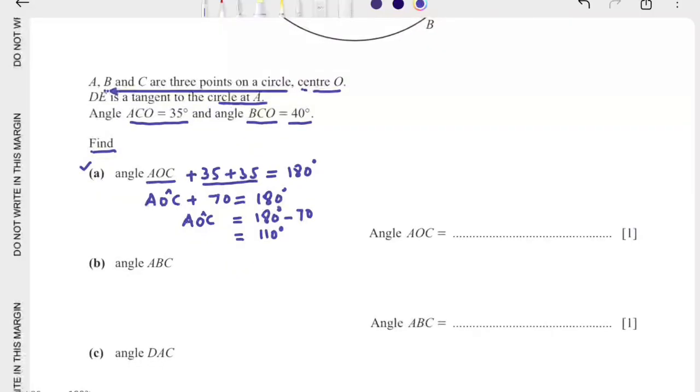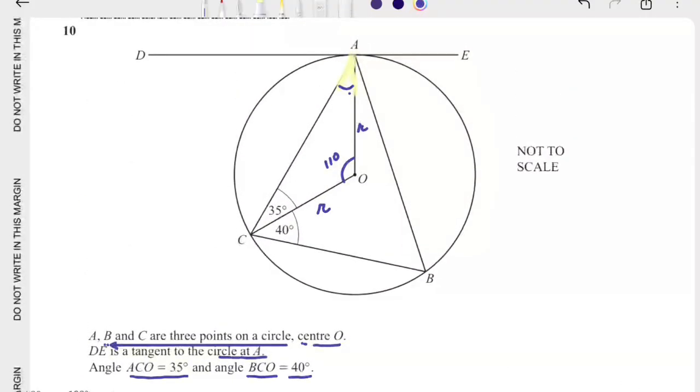Now moving towards the next part. Angle ABC. Now we have to find this angle. Students, just see the relationship of this angle and this angle, that is 110. So the angle at the circumference is half the angle at the center.